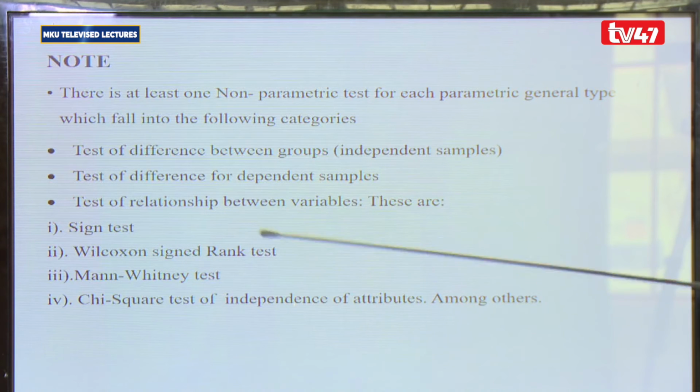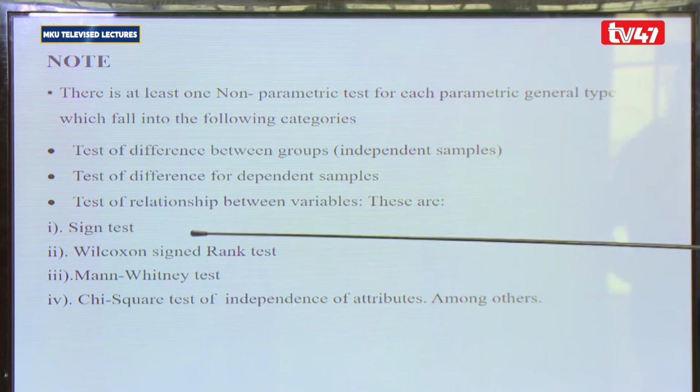And then we have tests of relationship between variables. When we are talking of relationship between variables, we could be imagining a group of subjects who have been administered a drug and another group administered a placebo, and we want to test whether the drug really works.